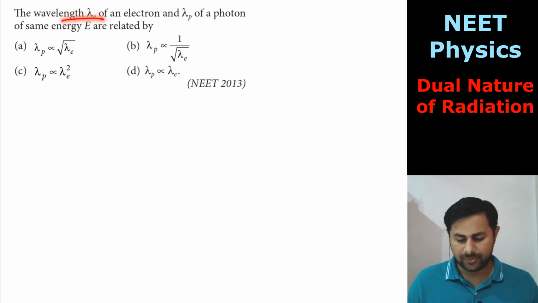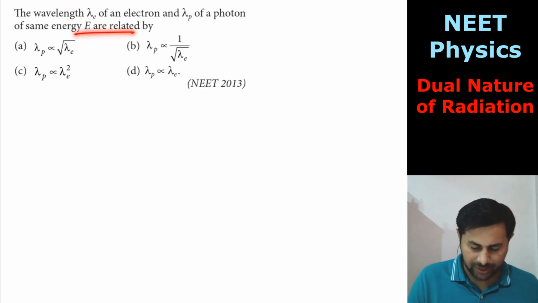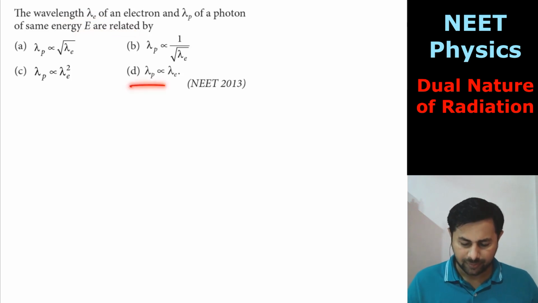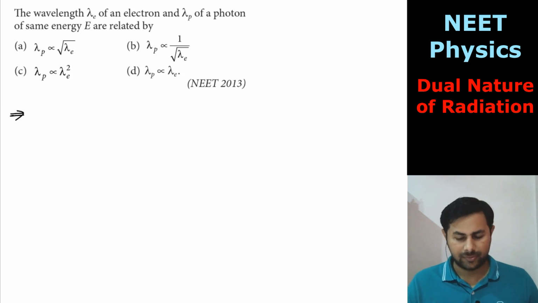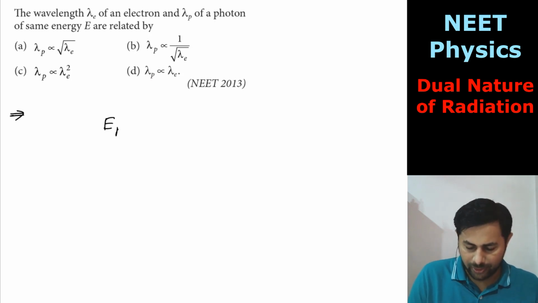The wavelength lambda e of electron and lambda p of photon of same energy E are related by, tell me. Actually we had seen this. Energy is same. Okay, so energy of photon is equal to energy of an electron.